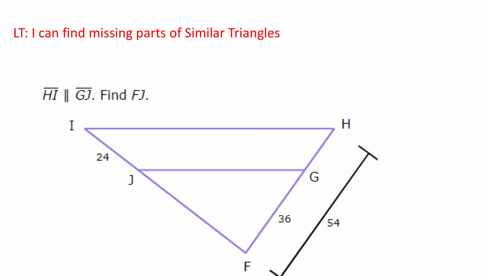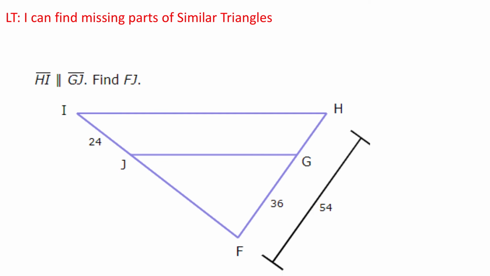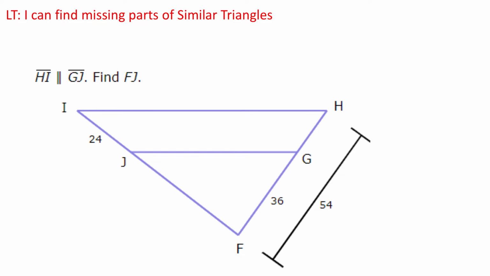So here we are again, looking at another one. And again, let's compare comparable parts. This one is asking me for the measure of FJ. So when I set up this proportion, I want to see what side corresponds with FJ. And the one that corresponds with FJ would be the side FG, which has a measure of 36.